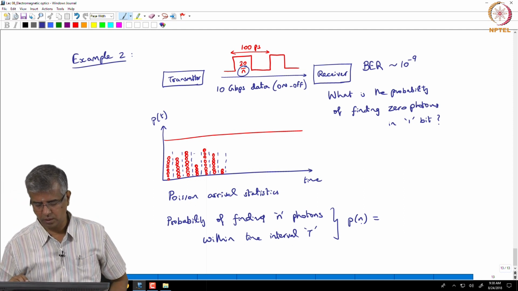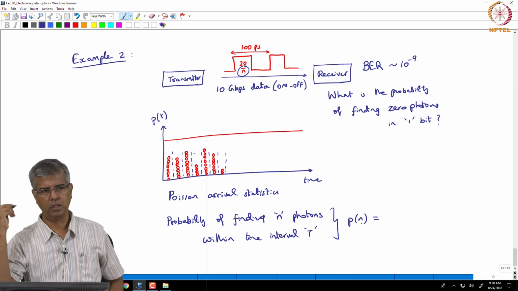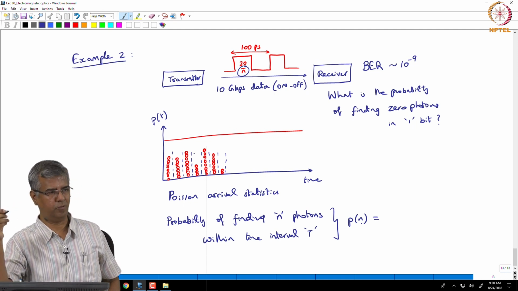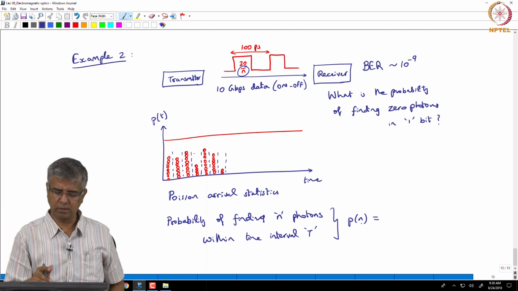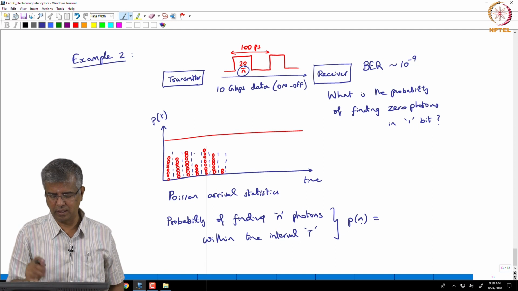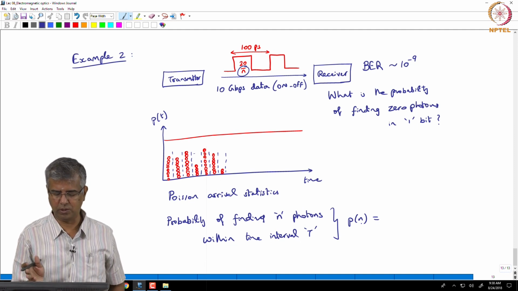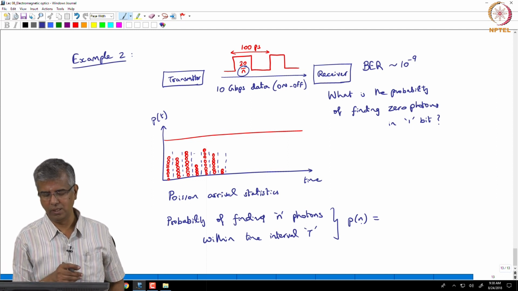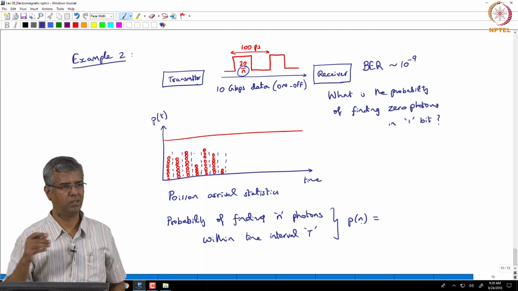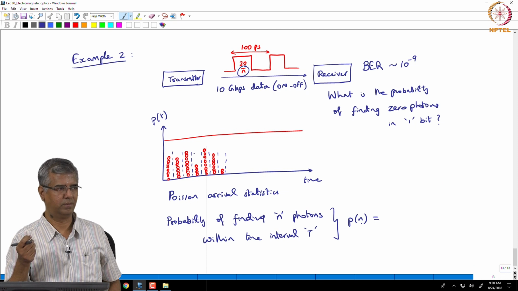In this case, what you have done is you have sent a mean number of photons, n bar. If you take the mean of all these small circles that I have drawn here, that would correspond to a mean of 6. So let us say you have sent 6 photons. What is the probability of finding 1 photon in one of these time slots?